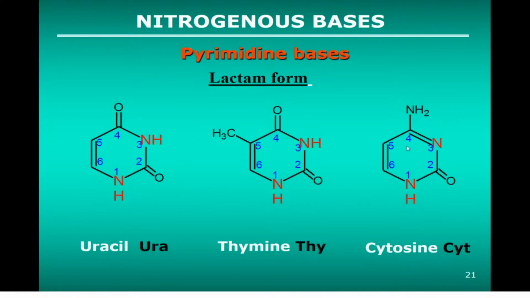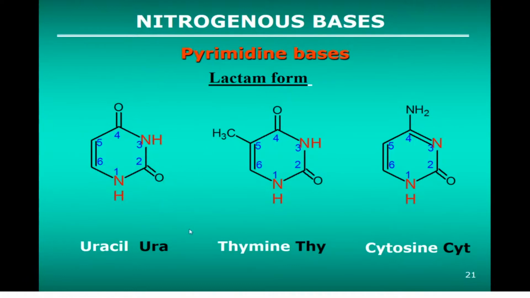So there are 3 major structural units of nitrogenous bases in DNA and RNA. There can be minor nitrogenous bases, but not often. RNA more often consists of minor nitrogenous bases, but DNA not often.